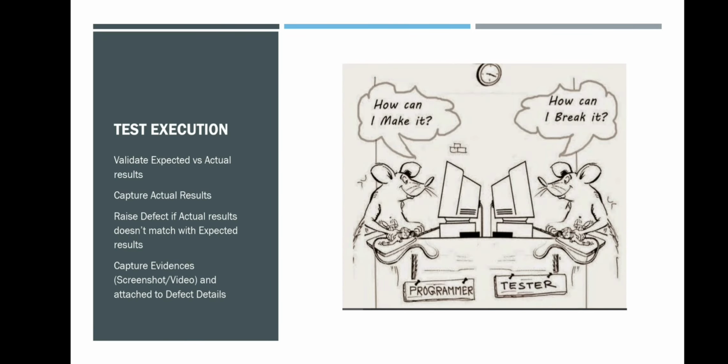The phase when you start with the test execution, what you are required to capture includes the expected outcome versus actual results. When you capture the actual results, there can be a situation where the expected and actual results don't match, and that is where we can say there is a defect.